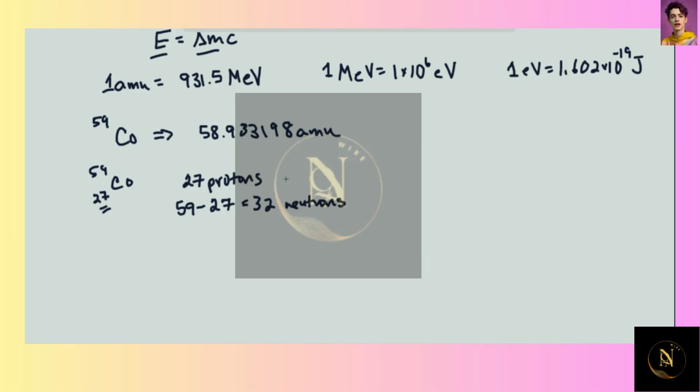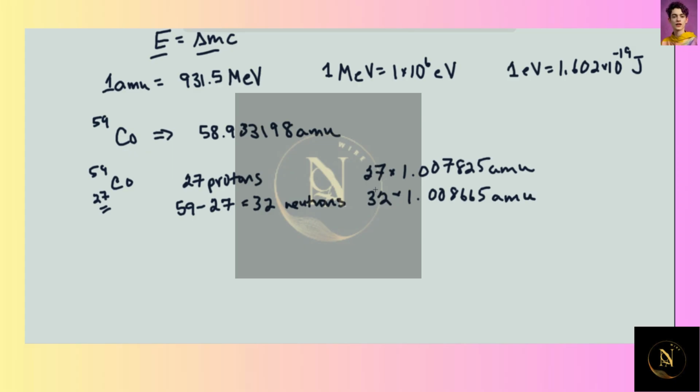So the mass of one proton is 1.007825 atomic mass units. And the mass of one neutron in atomic mass units is 1.008665.